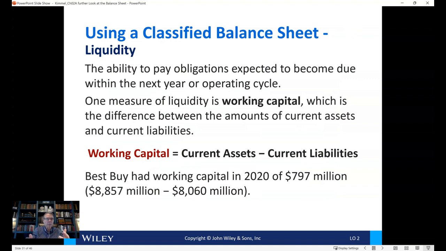So it would really be like for you, hey, how much do I have in the bank, cash, to pay what I'm going to have to owe for rent, for groceries, etc. So hopefully you have more than $1 to pay for every dollar of current liabilities. But some companies don't.